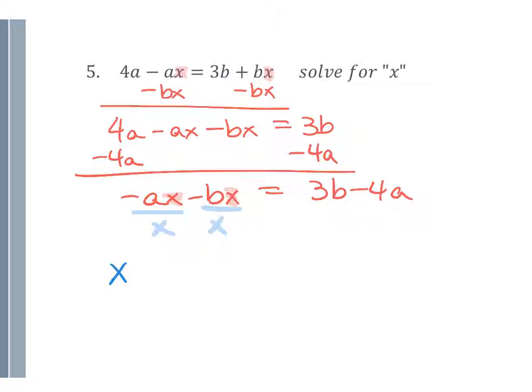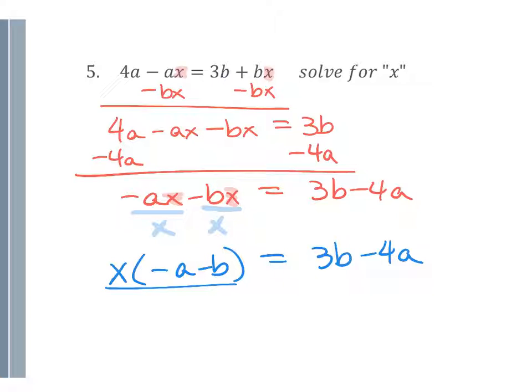So I would get x times negative a minus b, and then drop down this side. Now I have a way that I can isolate x by dividing both sides by negative a minus b.